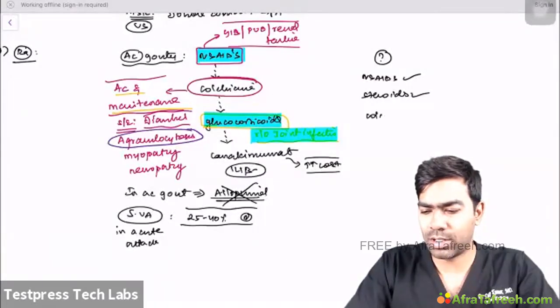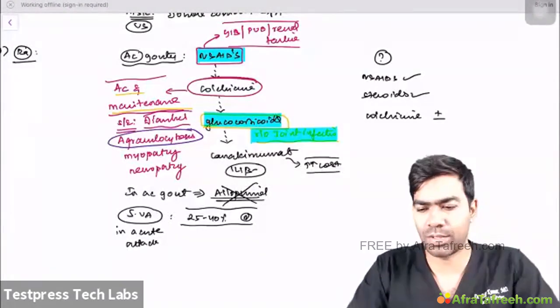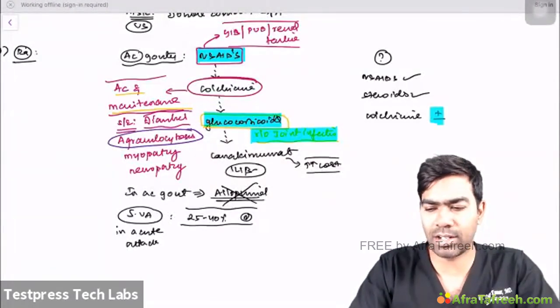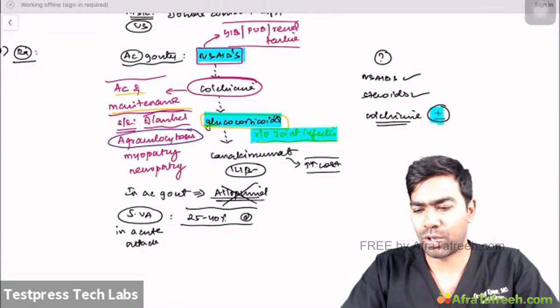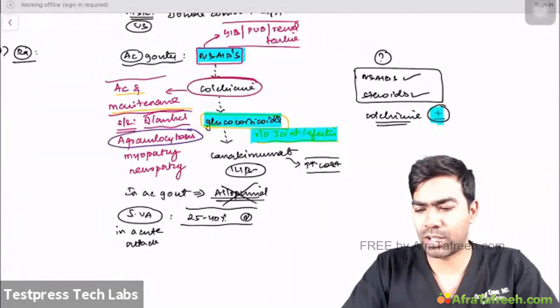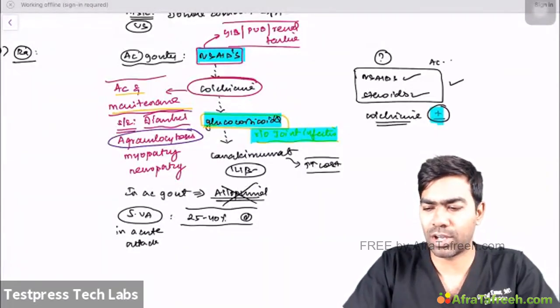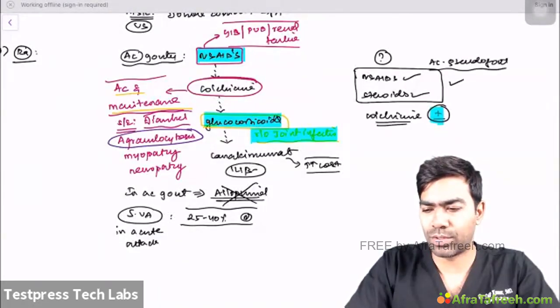But colchicine is kind of a plus or minus scenario, which means it's not that effective, but it can be somewhat effective, though not very much preferred in the setting of pseudogout. More importantly, NSAIDs and steroids are going to be the mainstay in the setting of acute pseudogout. That's what we're going to use.